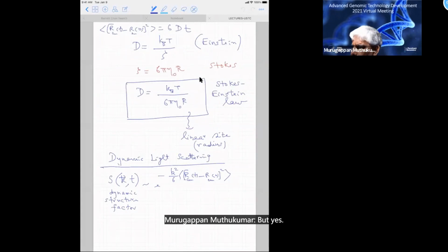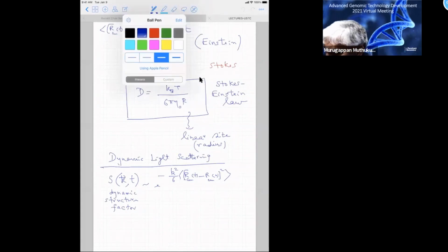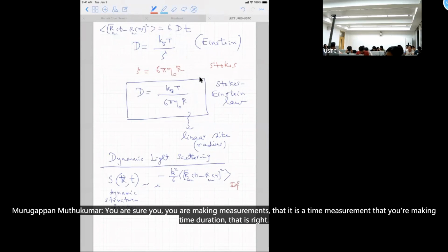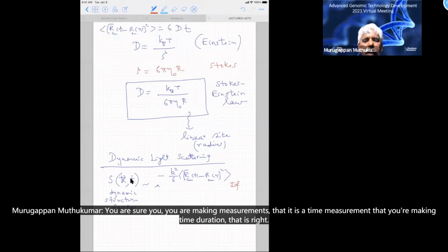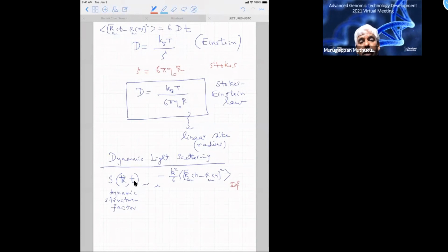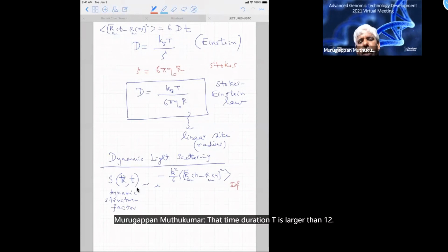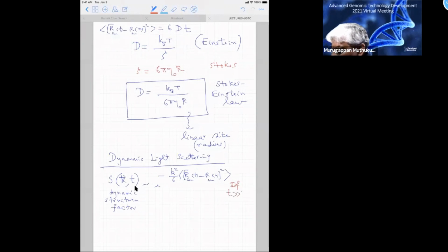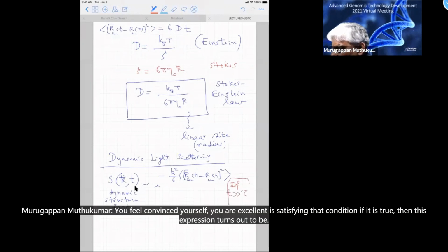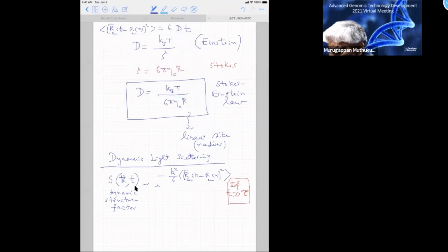But if you are sure, if you are making measurements, that the time duration of the scattering measurement, time t, is larger than tau, if you convince yourself your experiment satisfies that condition, then this expression turns out to be e to the minus Dk squared t.